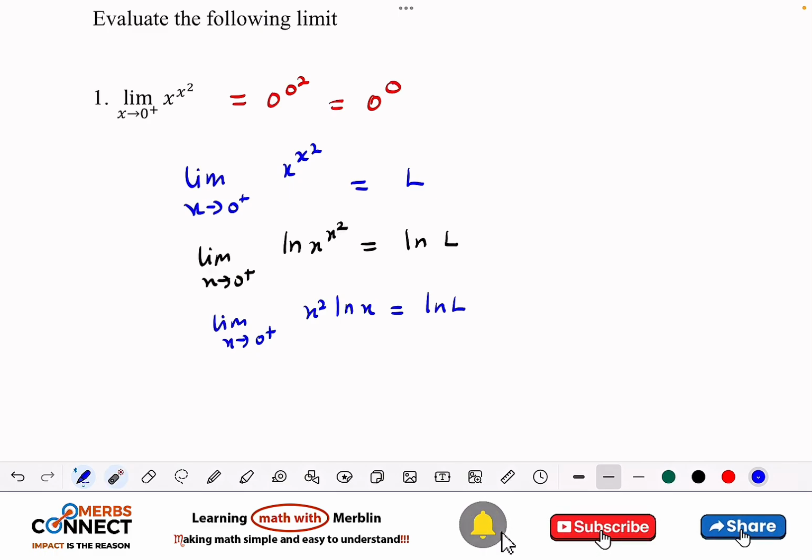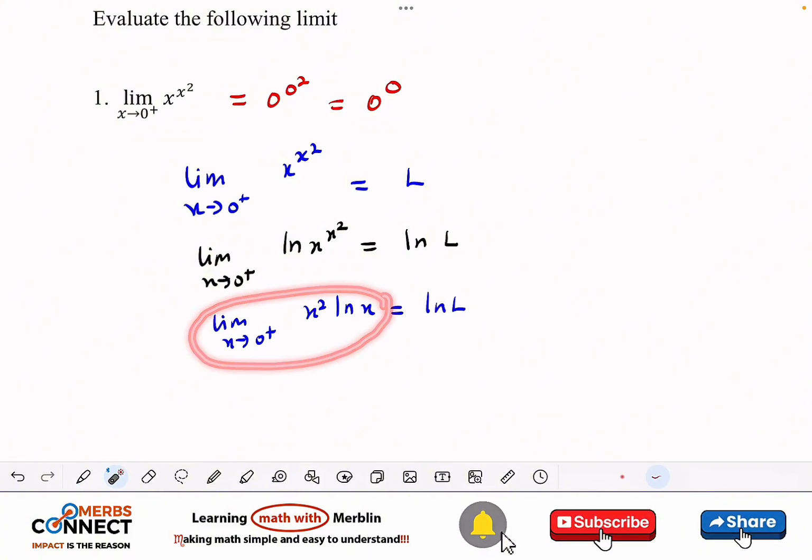Now you see that we have this in the form for L'Hopital's rule. But for us to apply L'Hopital's rule, we need a function f divided by a function g of x. Because this is a product, I need to write it in a different form.